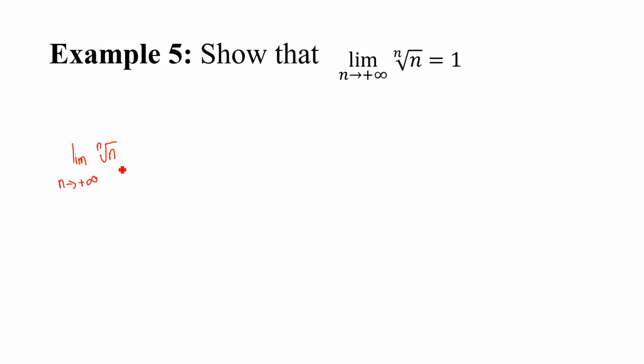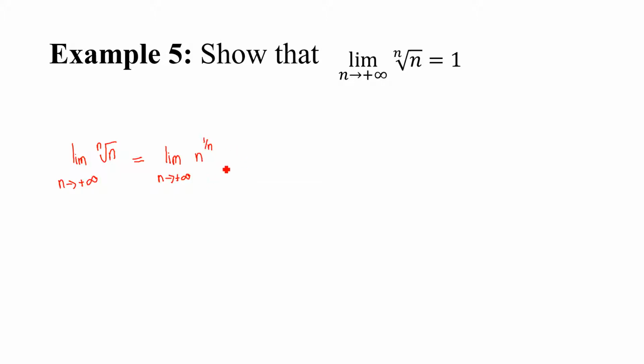This can also be written as the limit of n raised to 1 over n as n approaches positive infinity. Now, using the L'Hopital rule applied to the quantity 1 over x times the natural logarithm of x.